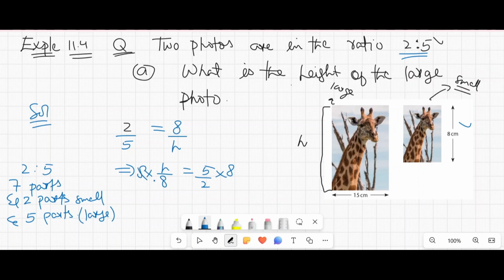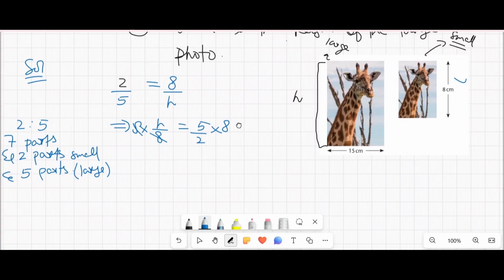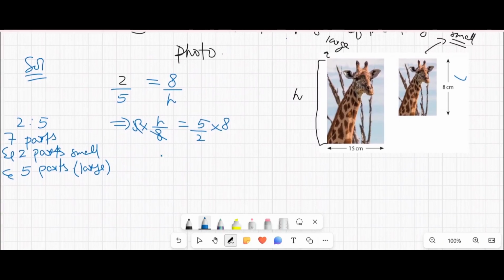So 8 will be cancelled, and we get h equals 5 divided by 2 into 8. When we divide 8 by 2 you get 4, 2 divided by 2 you get 1. 4 into 5 we get how much? It's 20 centimeters. So now our height is 20 centimeters.